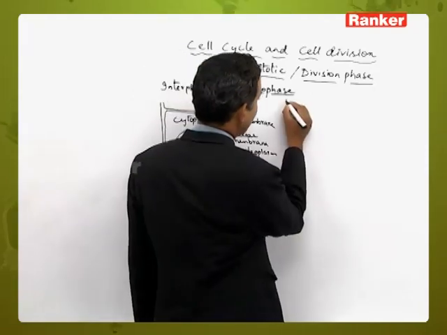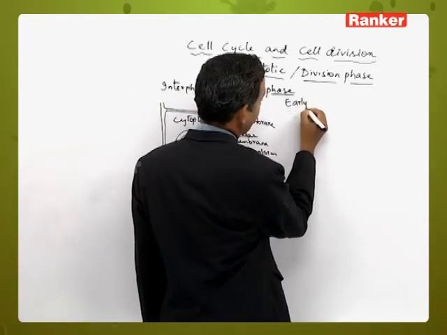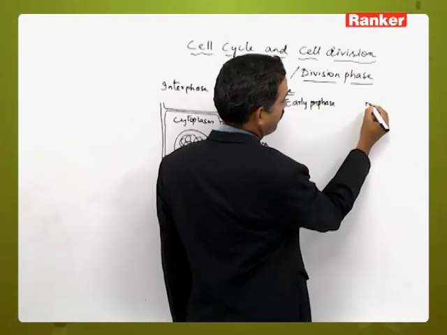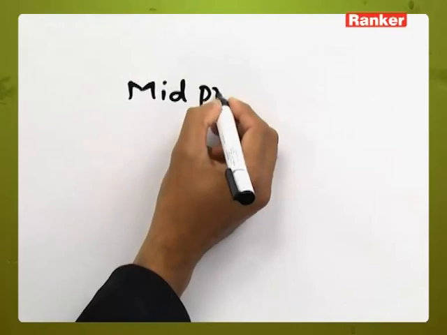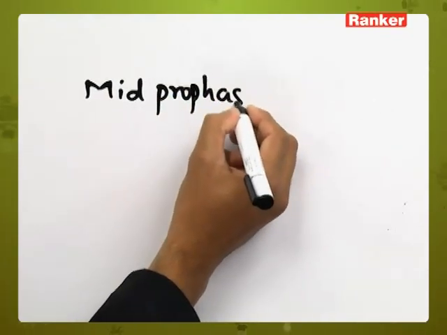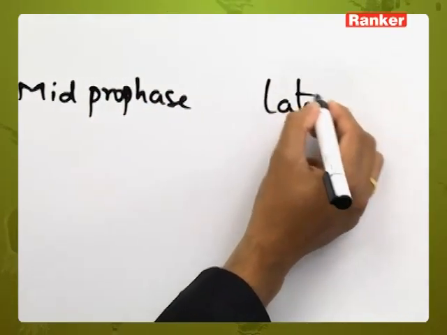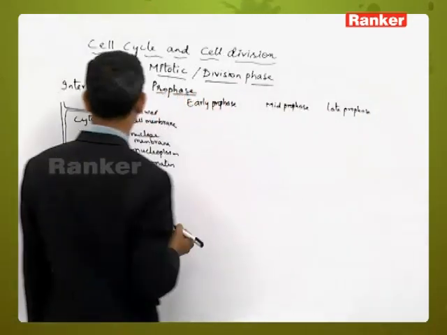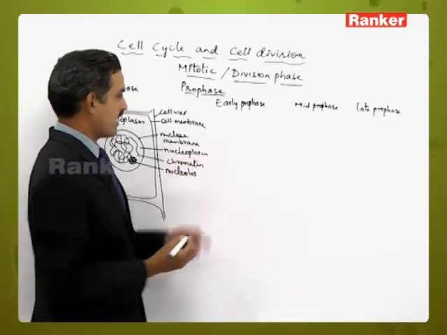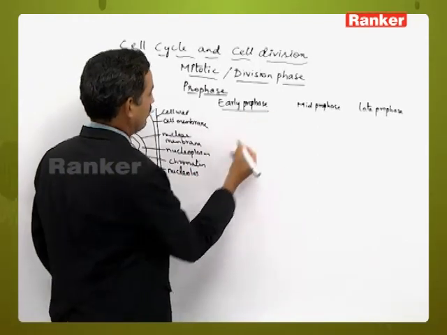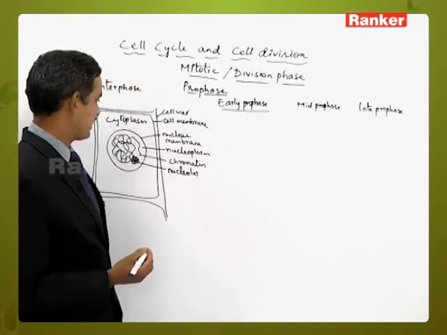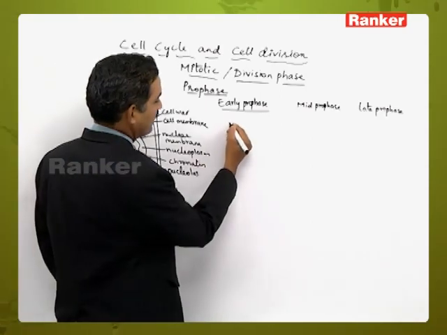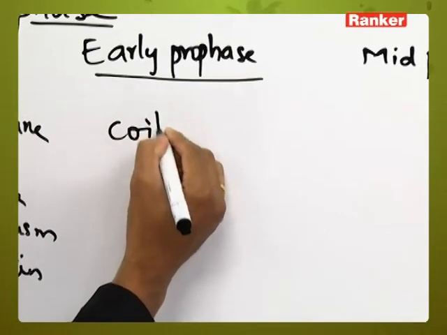Those are early prophase, mid prophase and late prophase. So in the early prophase, the chromatin which is present gradually starts coiling.